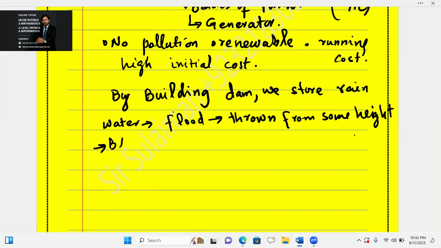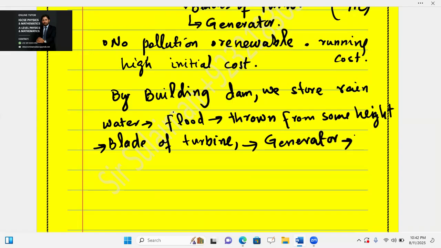Later on, it is used for rotating the armature of the generator, and electricity is generated by this phenomenon. It is a renewable energy resource because rain happens frequently in most of those areas.